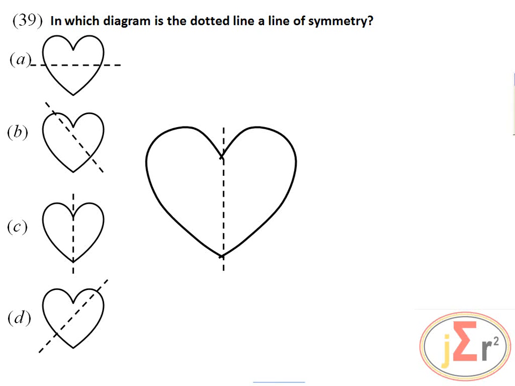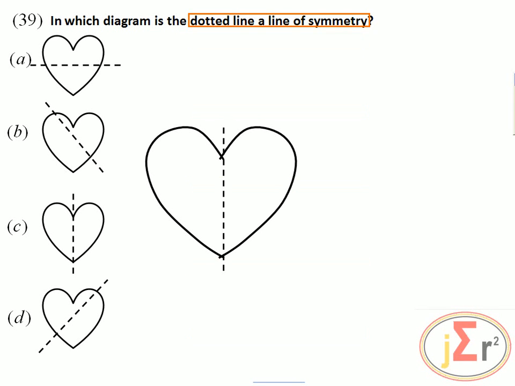In which diagram is the dotted line a line of symmetry? What do we mean by a line of symmetry? We will see what we mean in a short while.